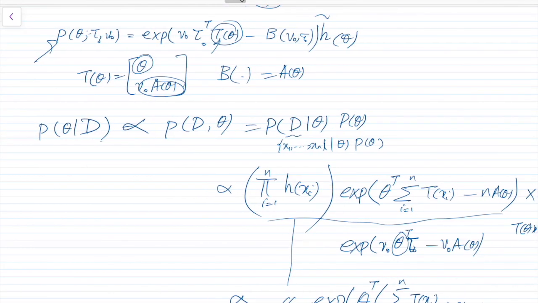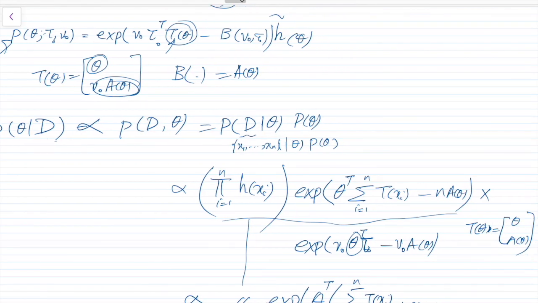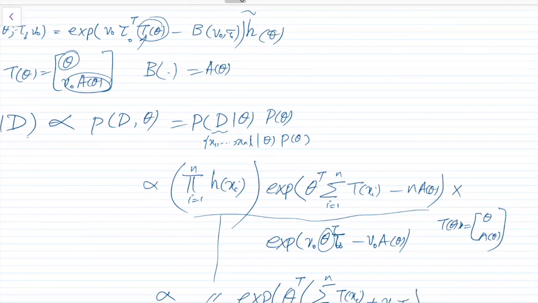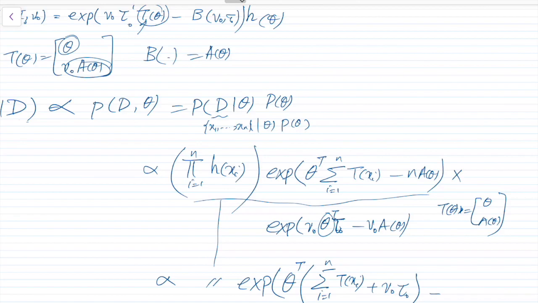So these are the parameters of my prior. This tau 0 and nu 0 are the parameters of my prior. Minus, and then I'm going to collect all of the A's together. So A(theta) times n plus nu 0.